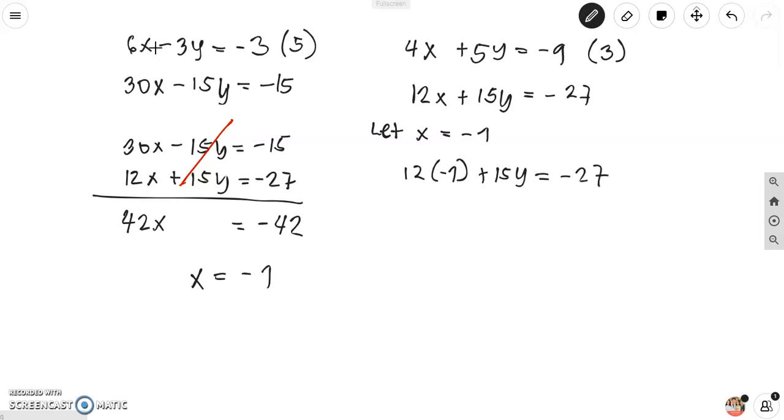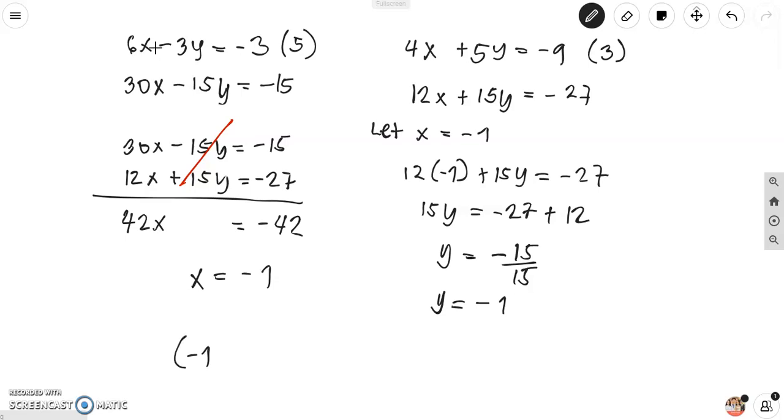Therefore 15y equals negative 27 plus 12, which is negative 15, so y is negative 15 divided by 15, y equals negative 1. So this is our point now: negative 1, negative 1.